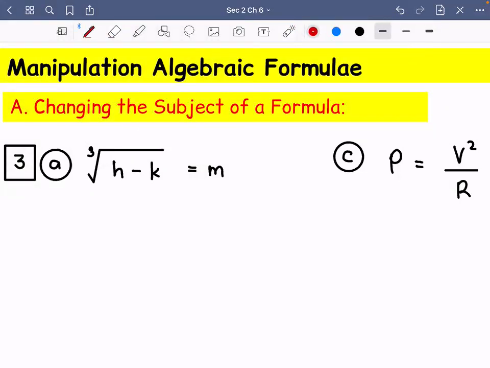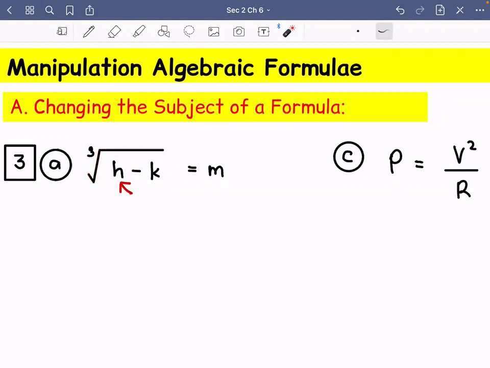But the problem here is that we cannot transpose k to the other side right away, because it's still under the root sign. So before we can transpose k, we should remove this cube root sign.